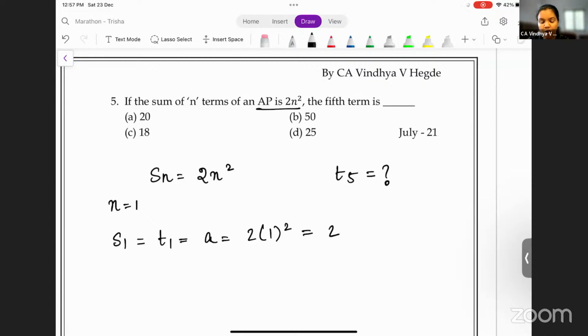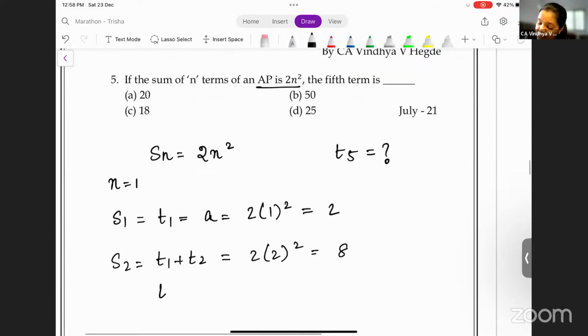Okay. Now, to get the common difference, let us find the second term. To find the second term, you have to find S2. Only if you find S2, you can find the second term. So S2 would be T1 plus T2. That is 2 into 2 square, 4 into 2, 8. Correct? S2 would be 8. Okay. Remember, this is S2.